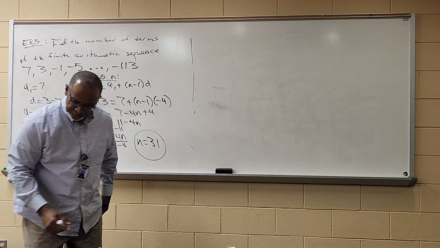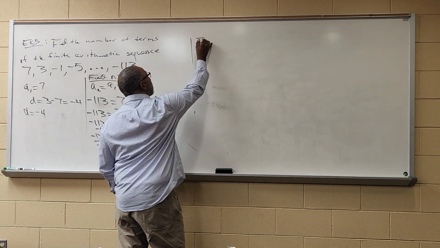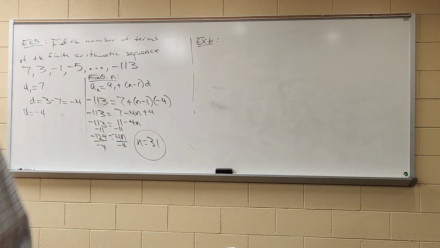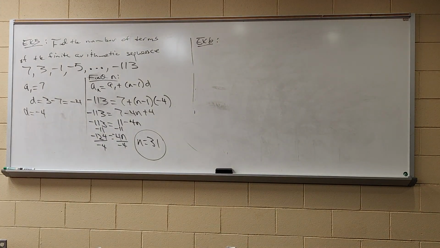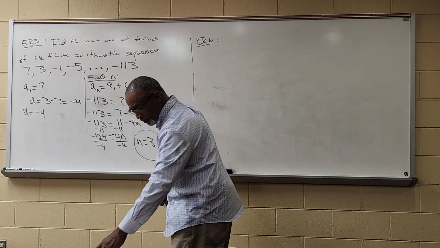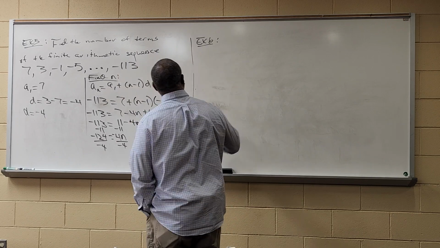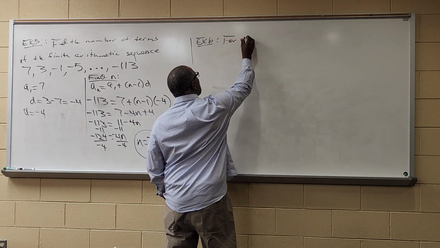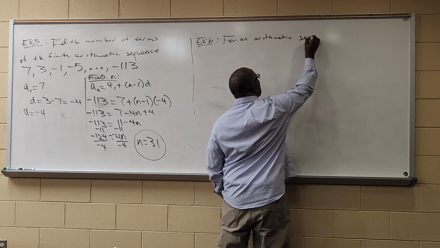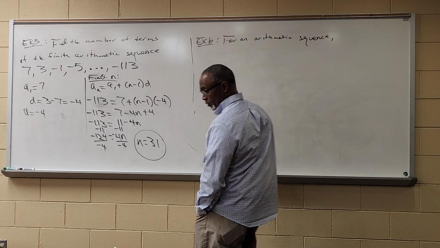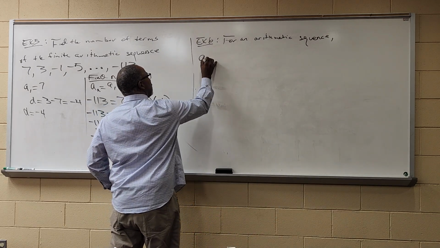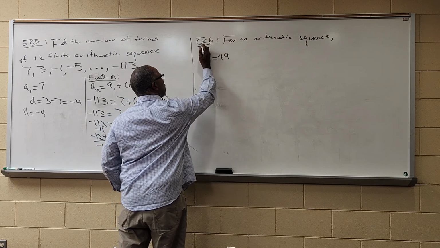Example 6. Make sure we're doing okay. Example 6. This one says, for an arithmetic sequence, A15 is 49.